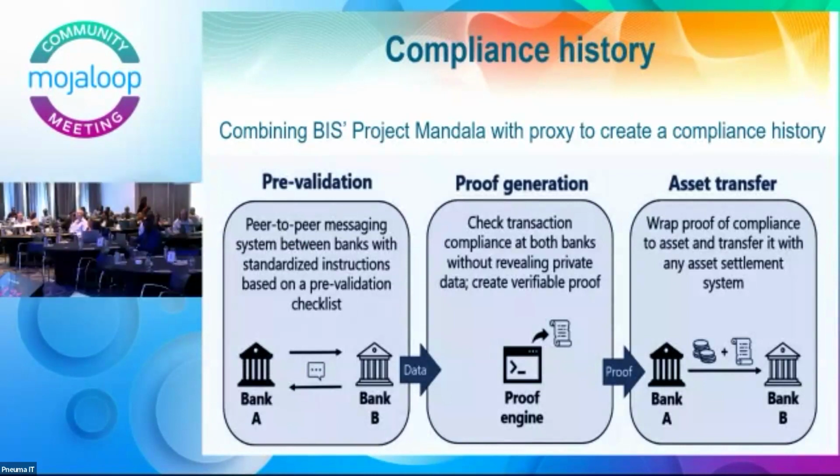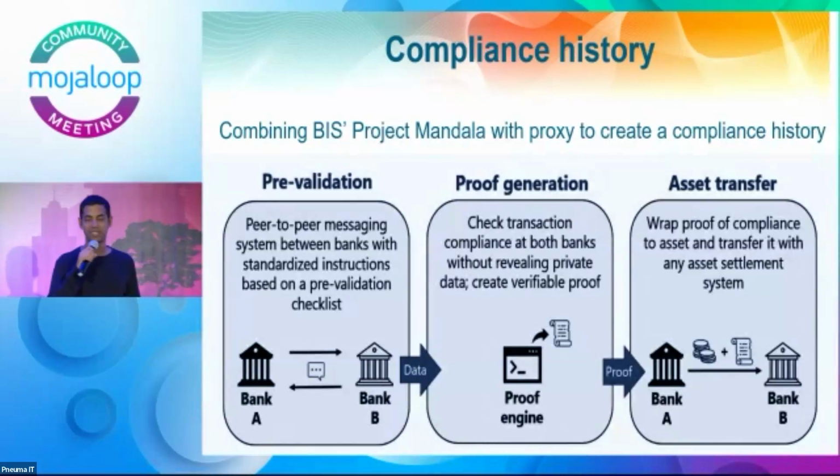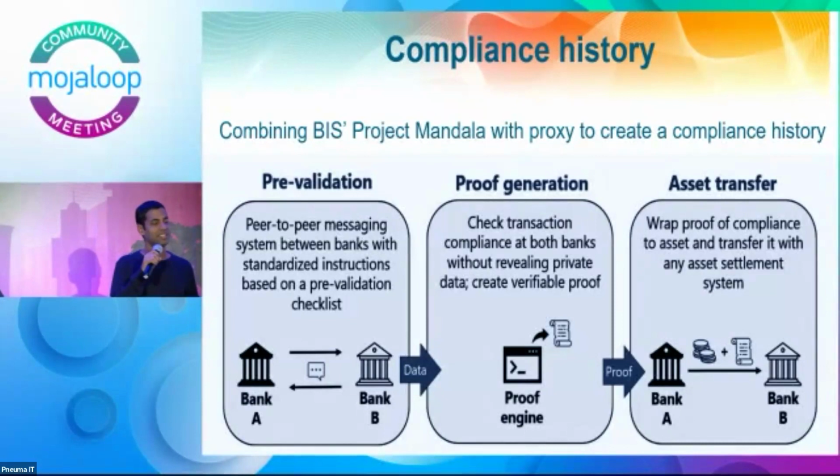Thanks, Michael. So once we can use a proxy cross-border, it becomes an identifier. And combining that with the compliance information can create a compliance history. So today, when we transact, it's as though each of us are transacting for the first time from a compliance point of view. There isn't this history of having transacted.